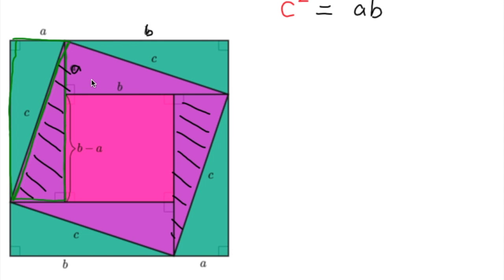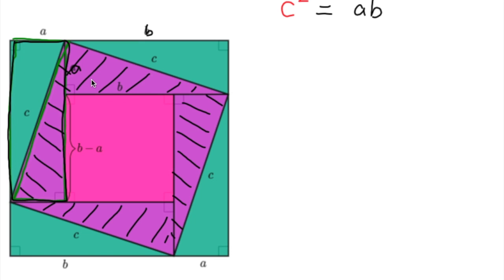That's 4 triangles total. I have this rectangle on the outside to calculate the area of those two triangles, and again, you've got a base of a and a side length of b. So again, it's just a times b, so we can add on another a times b to the inside of our square.